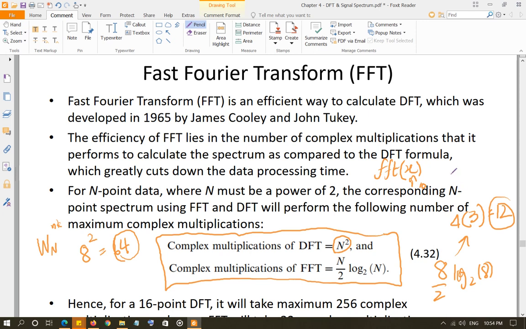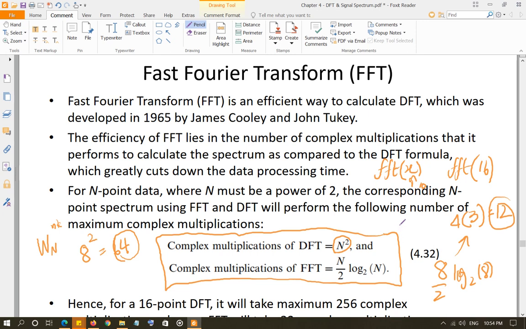But if the data points are 16, 2 to the power 4, or any power of 2, then it's going to use the FFT algorithm to calculate that. That's the difference.